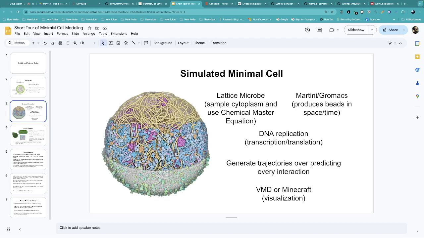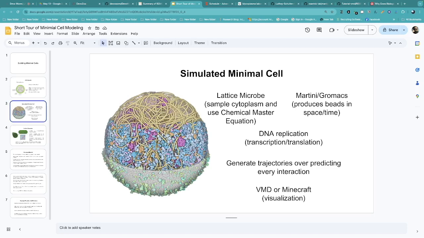And so we're at a very minimal state, not only in terms of the genome, but in terms of what's inside this vesicle. And so the idea is that you want to model this as a single cell. You can do this in two ways. You can do this using a lattice microbe methodology, where you basically have this whole inside, which is the cytoplasm, and you sample the cytoplasm for the different components.